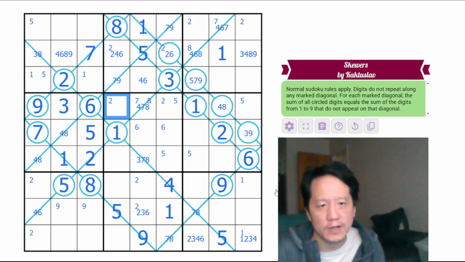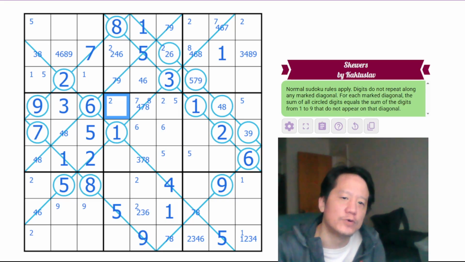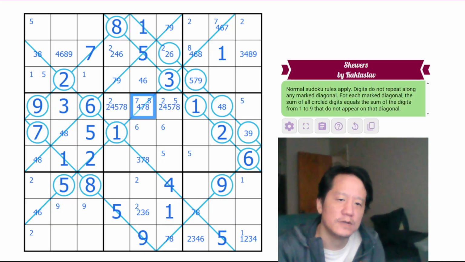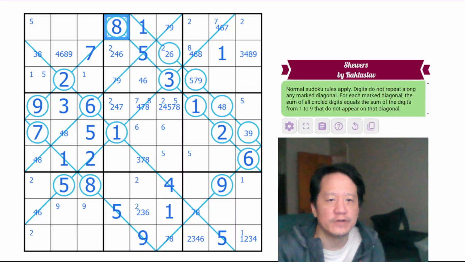Row 4. We have 2, 4, 5, 7, 8. So this can't be 5 or 8 because of 5 or 8 in the column. This can't be 2, so it's 4, 5, 7, 8 there.